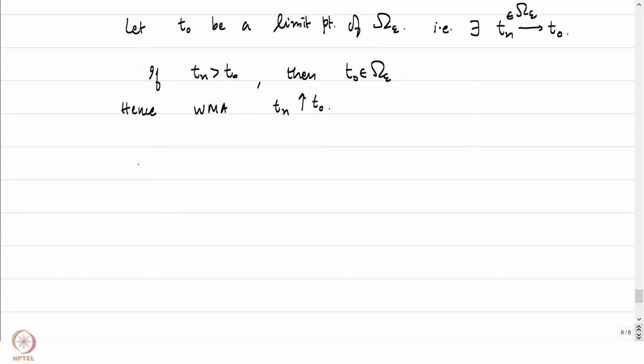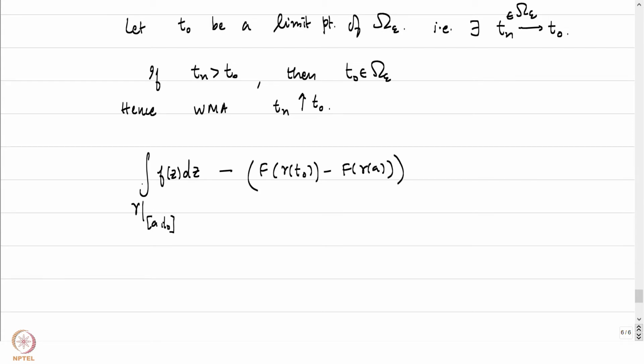Okay, so if you now notice the absolute value of the integral of f(z) dz over gamma restricted to [a,t0] minus f of gamma of t0 minus f of gamma of a. Let's look at this.